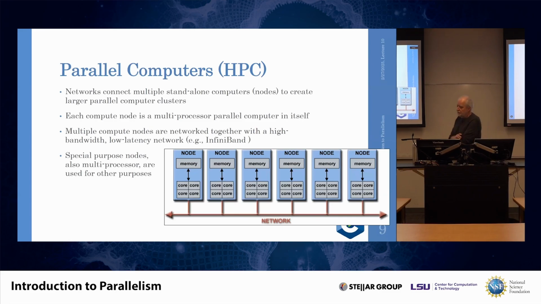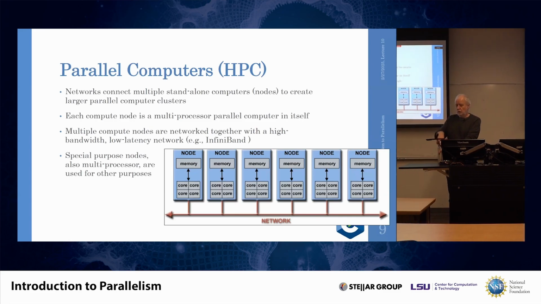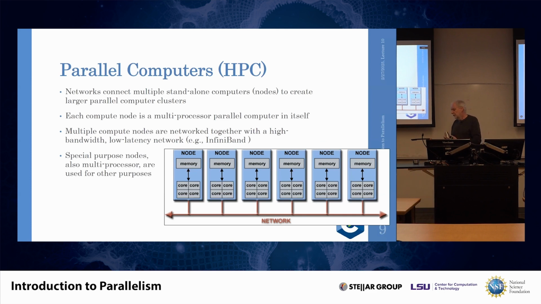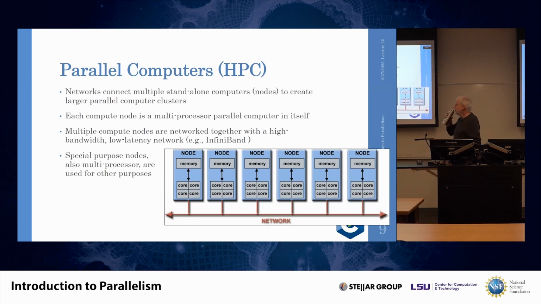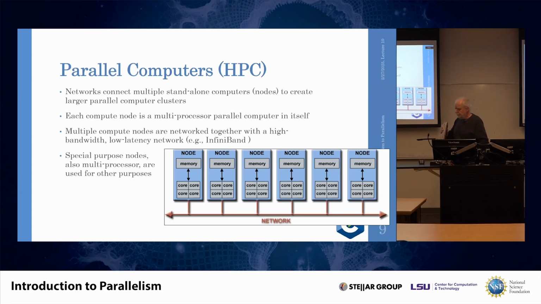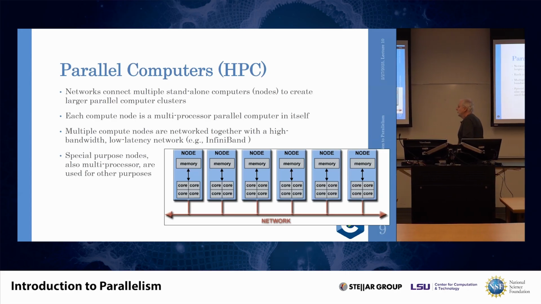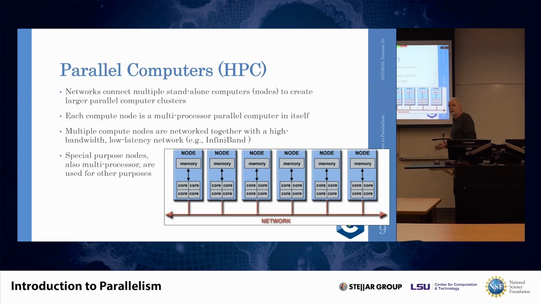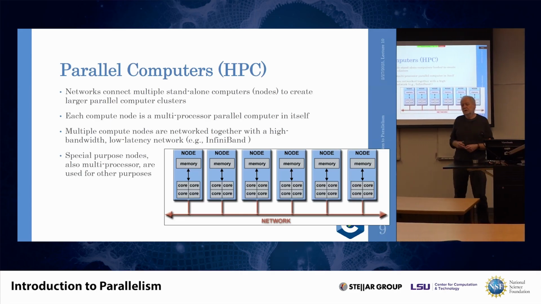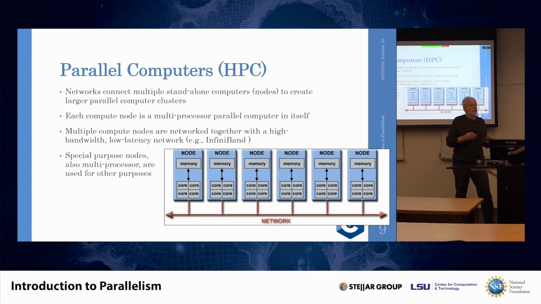If we extend that to what we call high-performance computing today, what people actually do is take a large number of these multiprocessor computers and connect them with a network where the network is very low latency, and we will talk about latencies in a moment, and has a very large bandwidth.